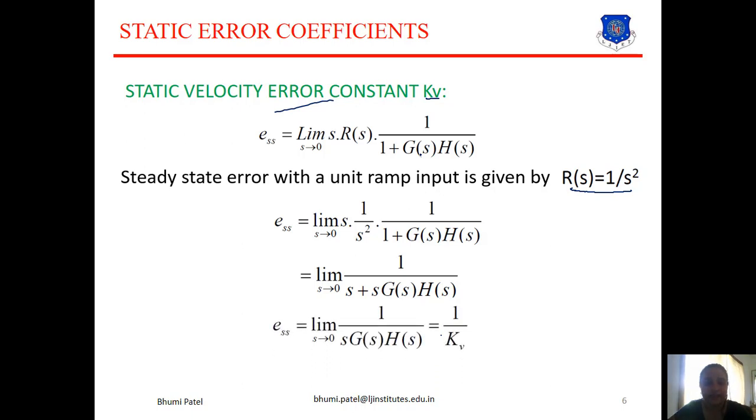So ess is equal to limit s tends to 0, 1 upon s into g(s) into h(s) is equal to Kv, where Kv is equal to limit s tends to 0, s g(s) h(s), and it is known as the static velocity error coefficient.